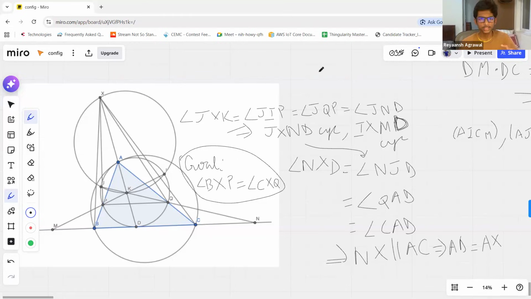To show equal angles, what are the different ways of showing equal angles? One way is just normal angle chase. Another way is using similar or congruent triangles, right? So do any triangles look similar here?